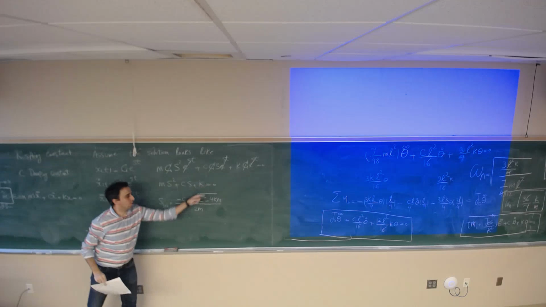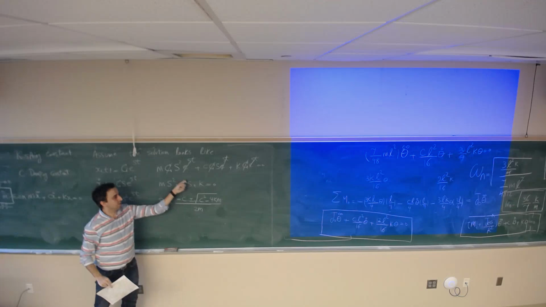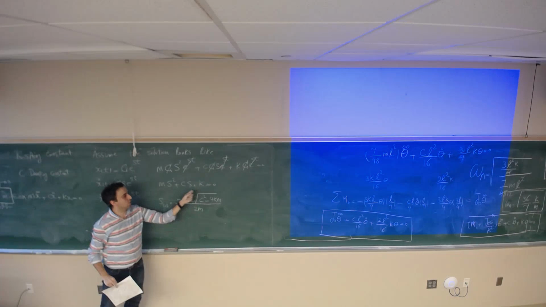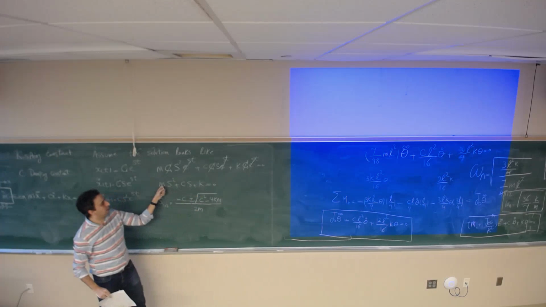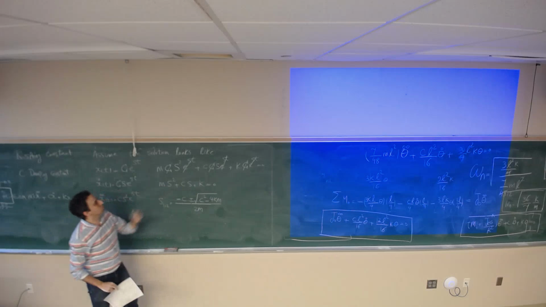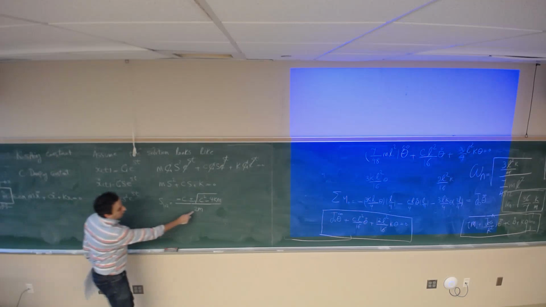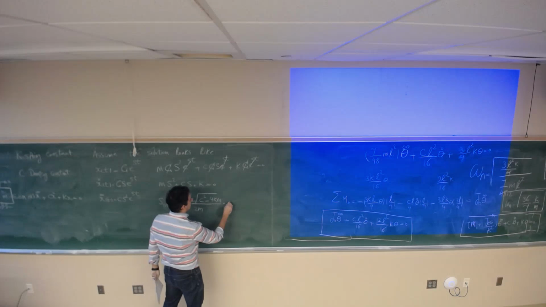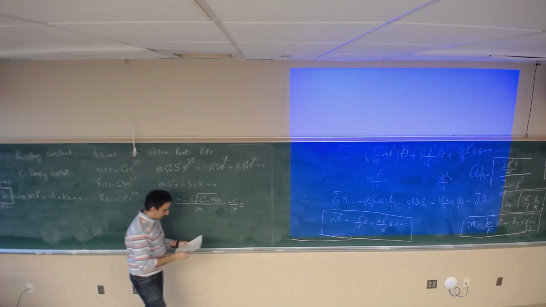The quadratic equation has this root: negative coefficient of s, plus and minus the square root of this squared minus 4 times this times this, divided by 2 times the coefficient of s squared. So I'll divide c by 2m. It's going to be negative c over 2m, plus and minus the square root.